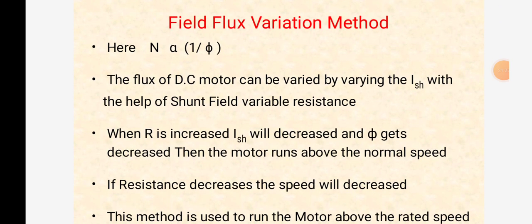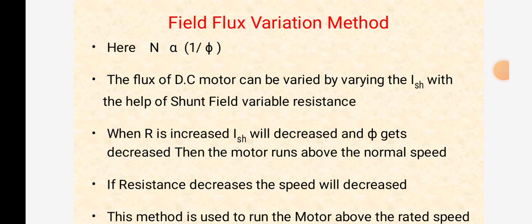Here N is directly proportional to 1 by flux. The flux of a DC motor can be varied by varying the shunt current with the help of the shunt field variable resistance. When R is increased, the shunt current ISH will decrease and the flux gets decreased.